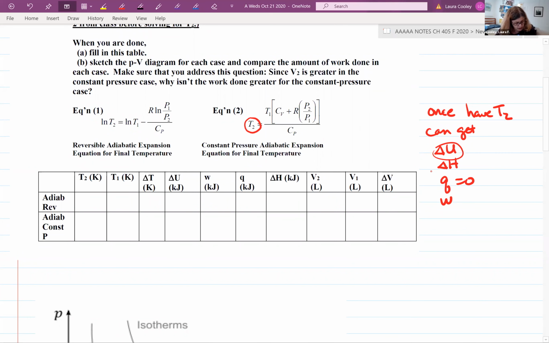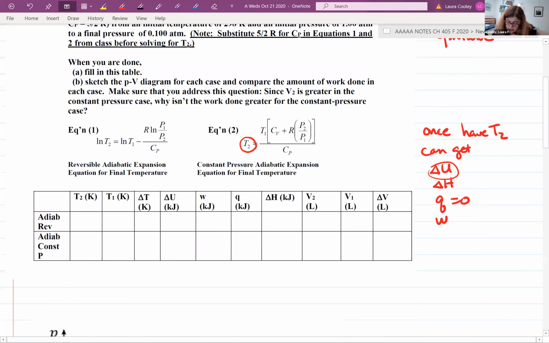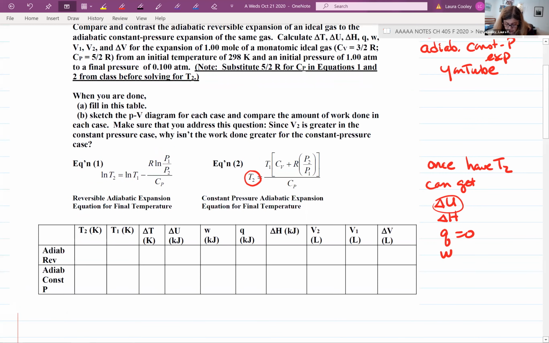But the other thing you have to do is sketch the PV diagram for each case and compare the amount of work done.